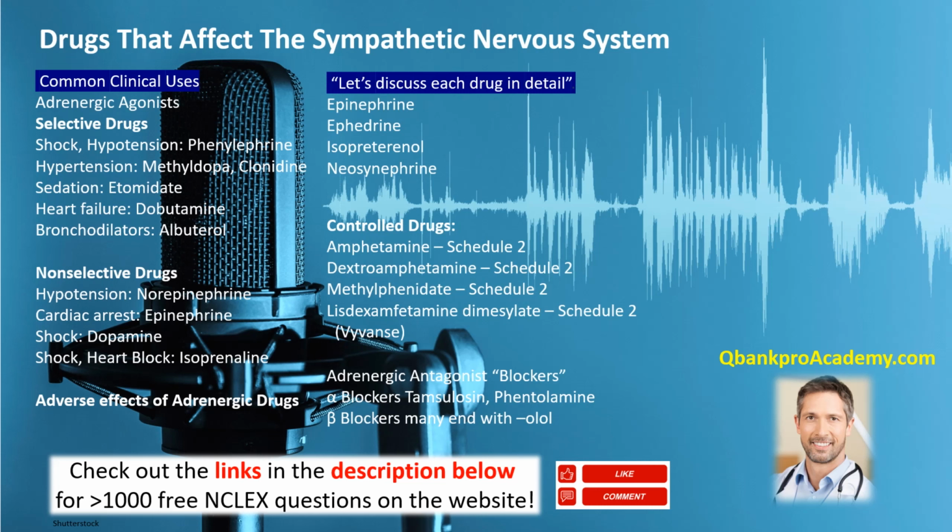So overall, beta blockers will do the following. Beta blockers decrease heart rate, and they decrease the force of contraction and cardiac output. They slow cardiac conduction. Beta blockers decrease automaticity of the ectopic pacemakers. They decrease renin secretion from the kidneys, and they decrease blood pressure and bronchoconstriction.